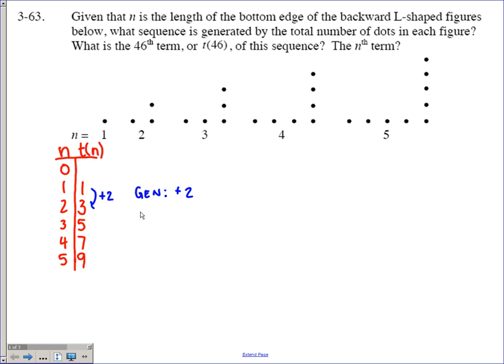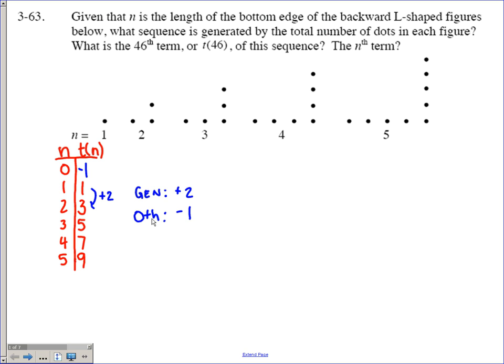The other part we need in order to come up with a rule is our 0th term. Our first term was 1, and if we go backwards, we'd have to subtract 2. We'd end up at -1, because 1 minus 2 gives us -1. So our 0th term would be -1.